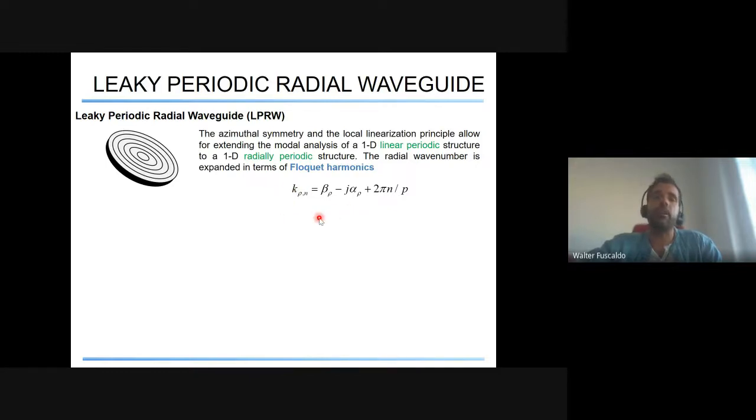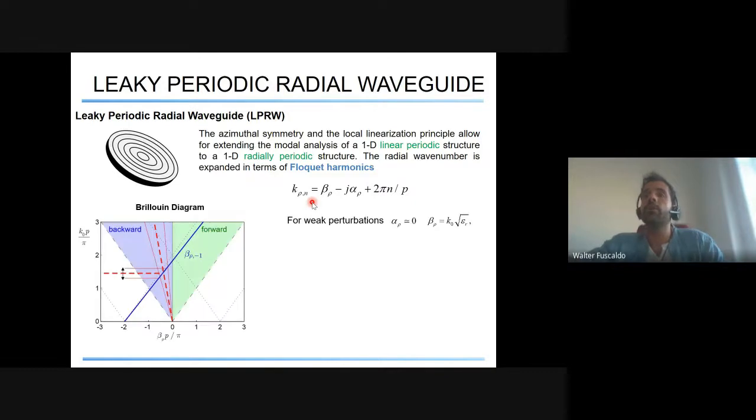Each harmonic that propagates inside the structure can be described by a radial wave number that is provided by the expression below.